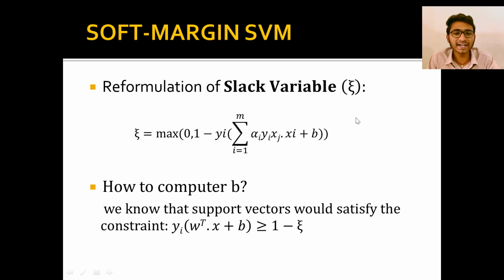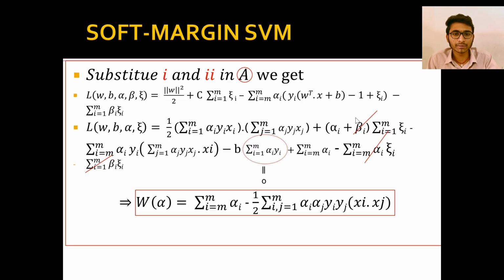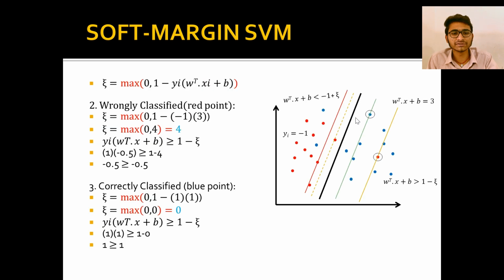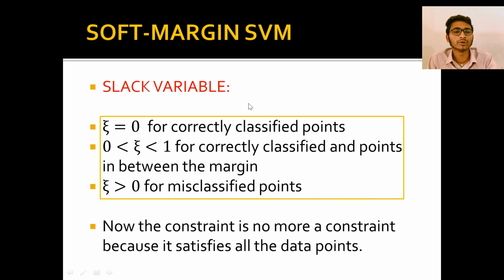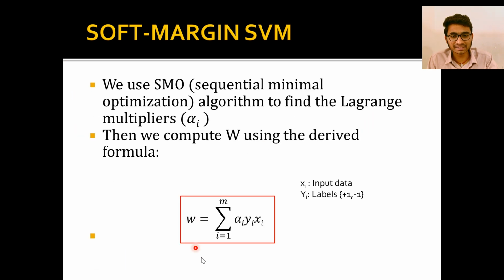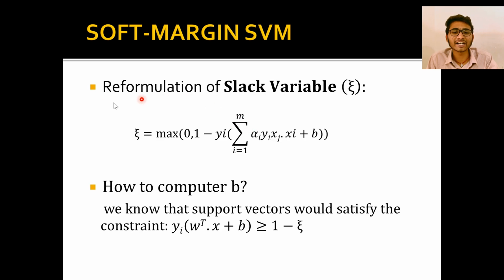Now we just updated the slack variable. This is how the slack variable is defined, right? Here, for W transpose, I just wrote what W is that we got. This is our reformulation of the slack variable. I hope I am very clear, guys. If you have any doubts, please mention in the comment section.